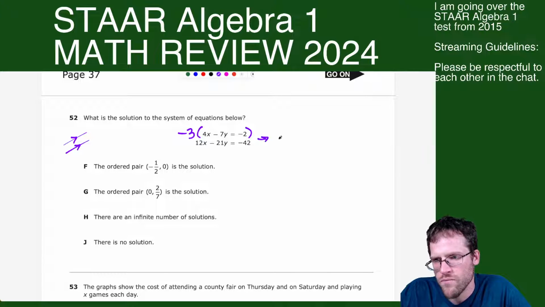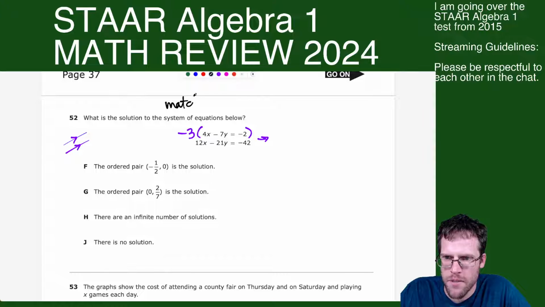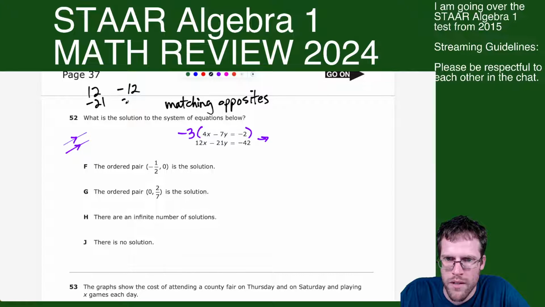All right. So here, the key with a system of equations, I like to think of matching opposites. I want the coefficients of x to be matching but opposite, and even if that happens for y, just as awesome. So here I would like 4x to say -12x. 12 and -12 are matching opposites, -21 and +21 are matching and opposite in sign.